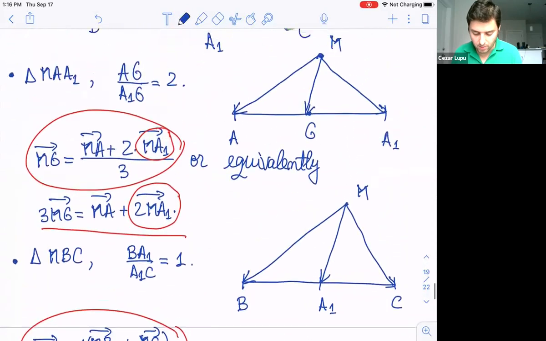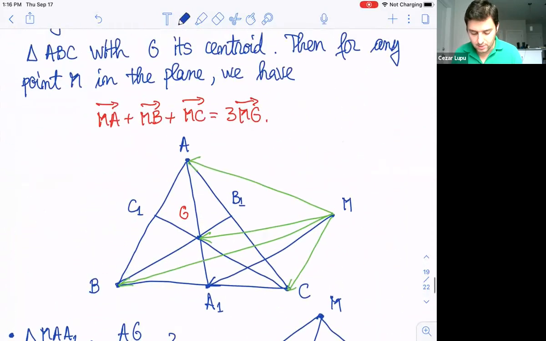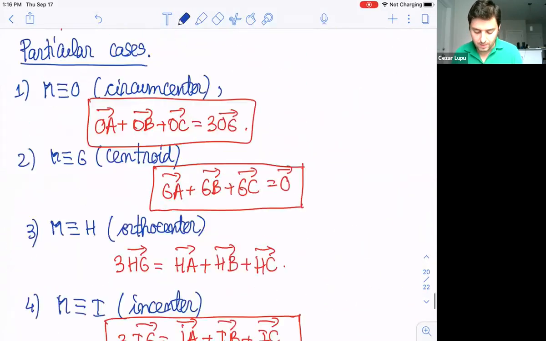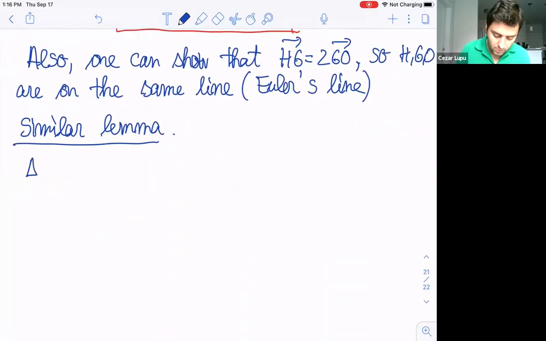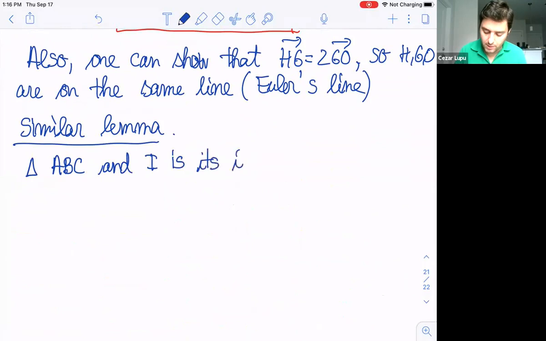I'm just going to tell you how. Well, you can take it as an exercise, which says the following. Let's say I have a triangle ABC, and I is its incenter, right? And then the same thing will hold true, right?